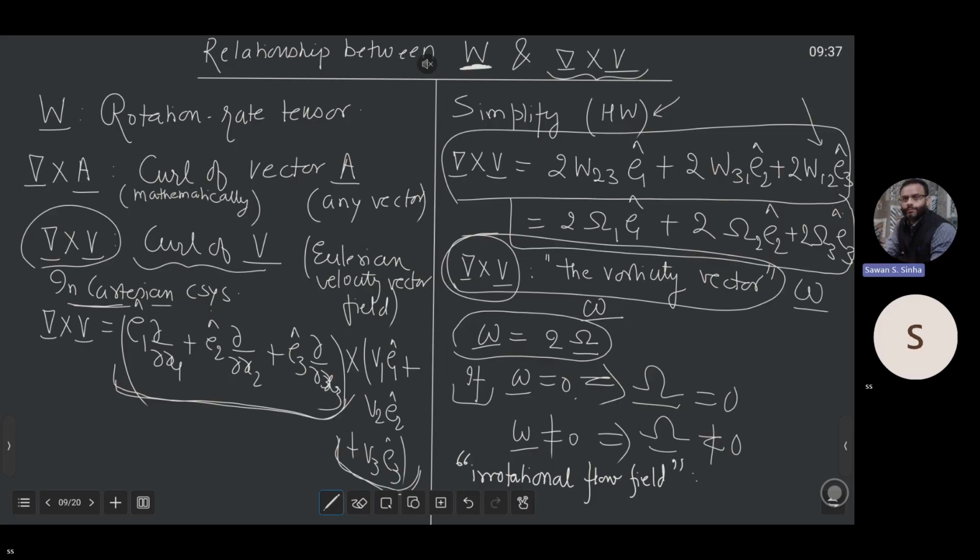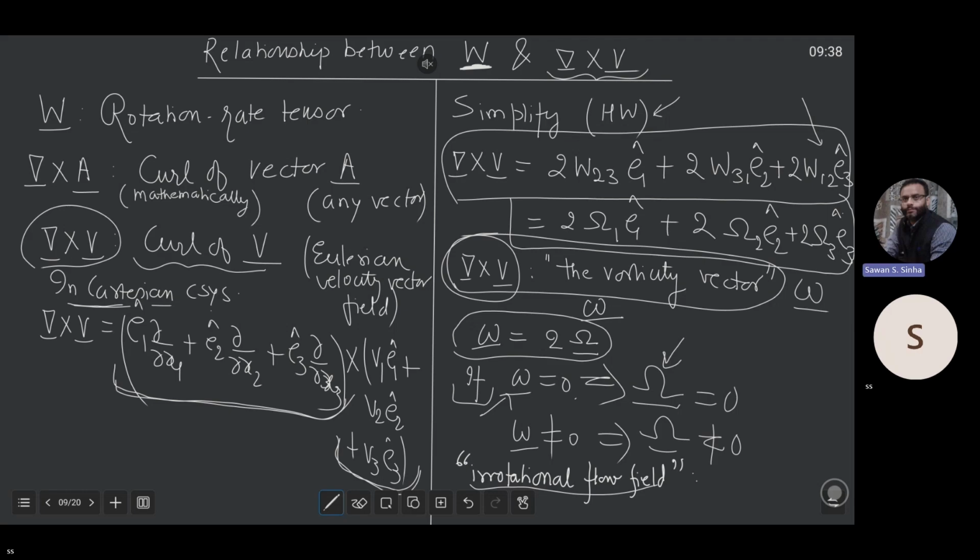Since big omega gives us a sense of rotation of the fluid element, in an average sense, if either of these, large omega or small omega, is found to be 0 over the entire flow field, that flow field is called an irrotational flow field. What it means is that no fluid element in the domain is having any sense of rotation.